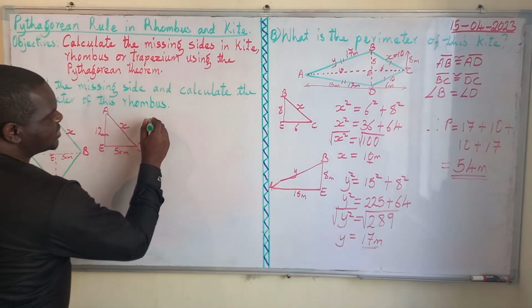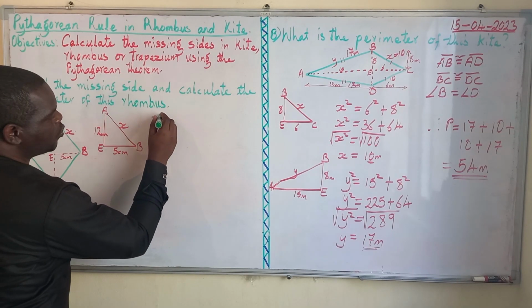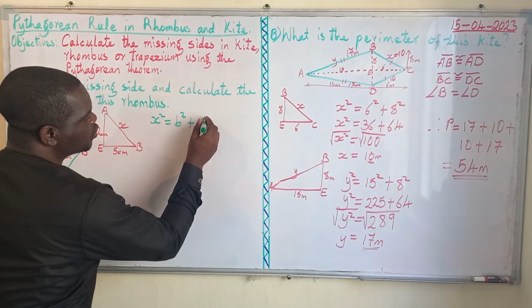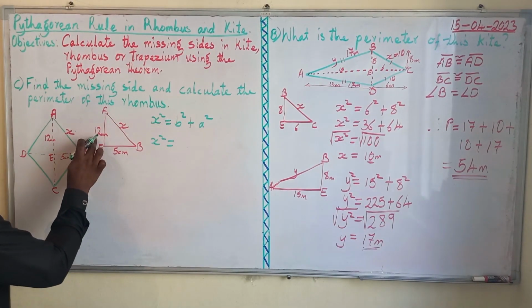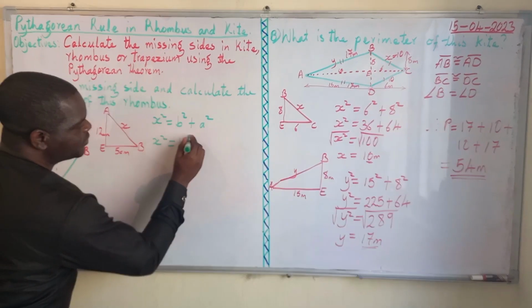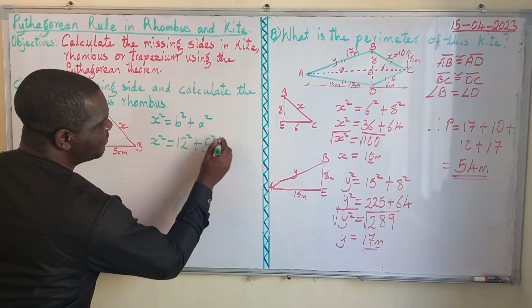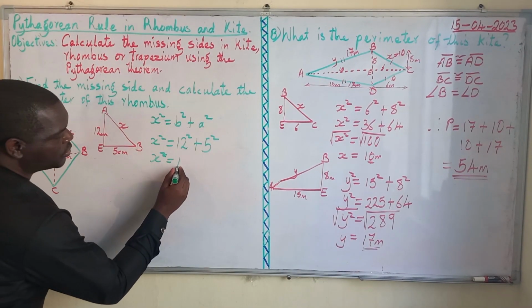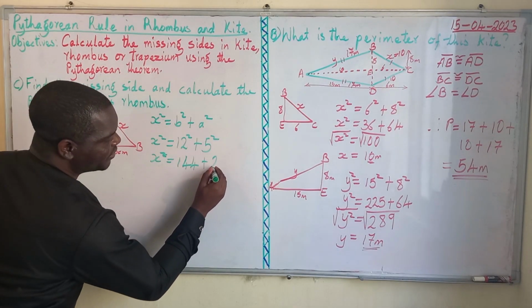To find x, the rule in Pythagorean Theorem says x squared is equal to b squared plus a squared. So that x squared will be equal to, our b here is 12 centimeters, 12 squared, plus our a is 5 centimeters, 5 squared. X squared will be equal to 12 squared is 144, plus 5 squared is 25.